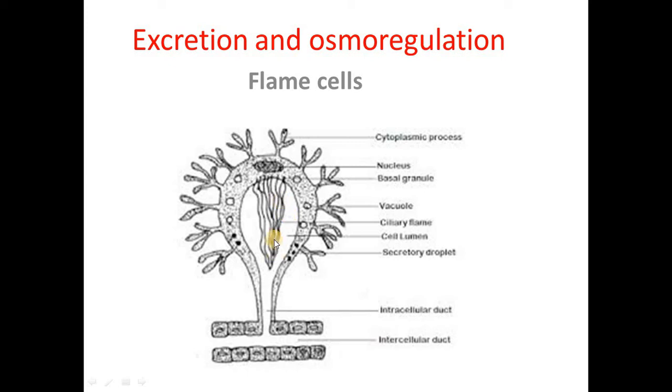These are the cilia, each arising from a basal granule situated in the cytoplasm. And these are the basal granules from which the cilia arise. In living flatworms, these cilia vibrate like the flickering of a flame. That's why the flame-like appearance of vibrating cilia gives the name flame cells.